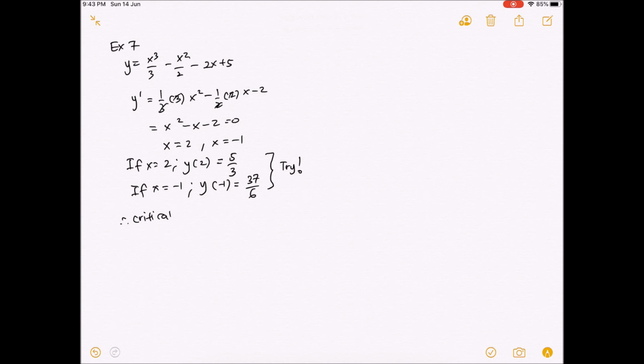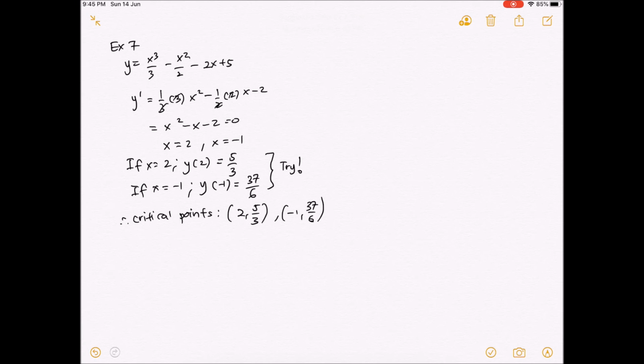Therefore, my critical points are (2, 5/3) and (-1, 37/6). The question asks you to use both tests, the second derivative test and the first derivative test.